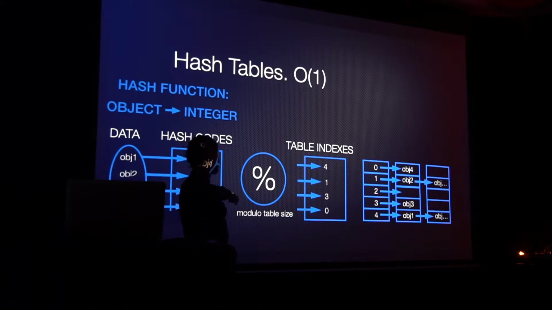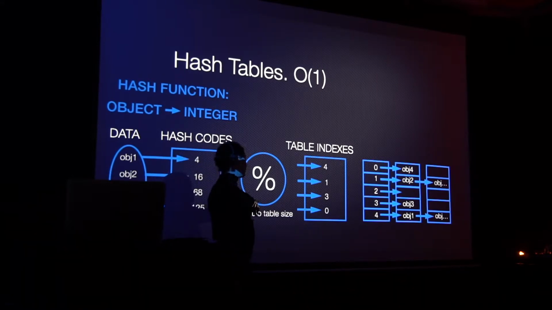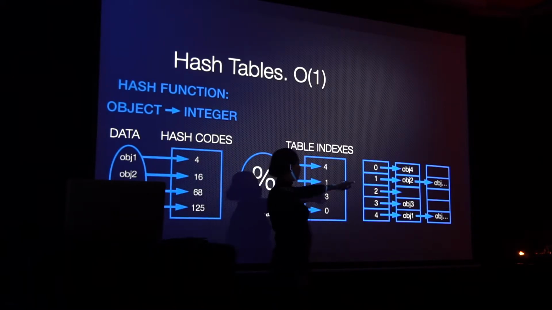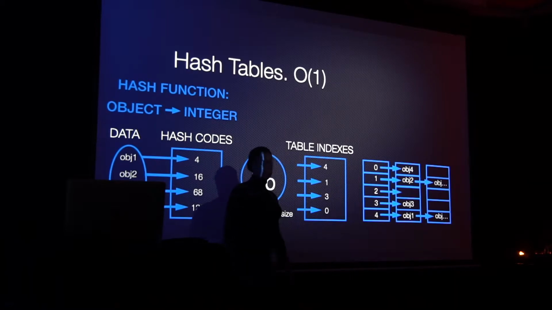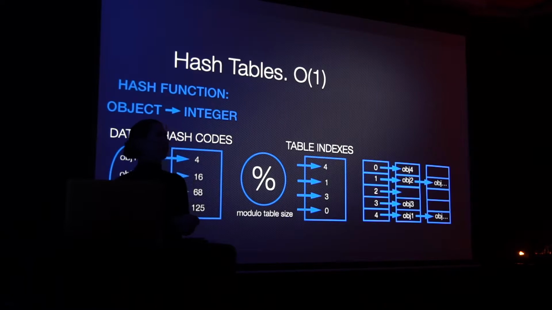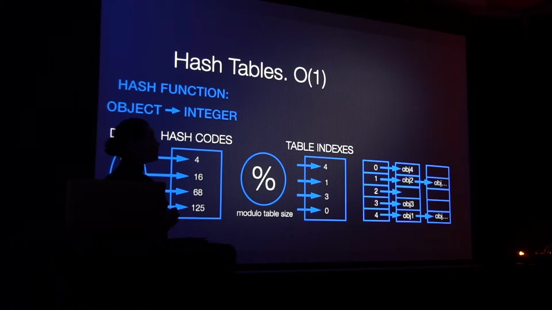After that, it takes its modulo of the table size and returns a table index. And at the end, it stores it as key-value pairs. And every time, inserting and getting something from hash tables, the complexity equals 1. So the fastest in our case.